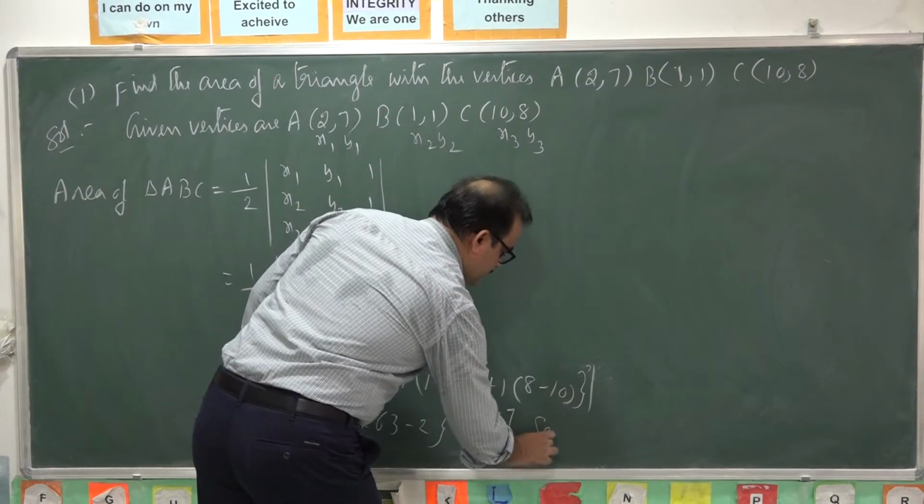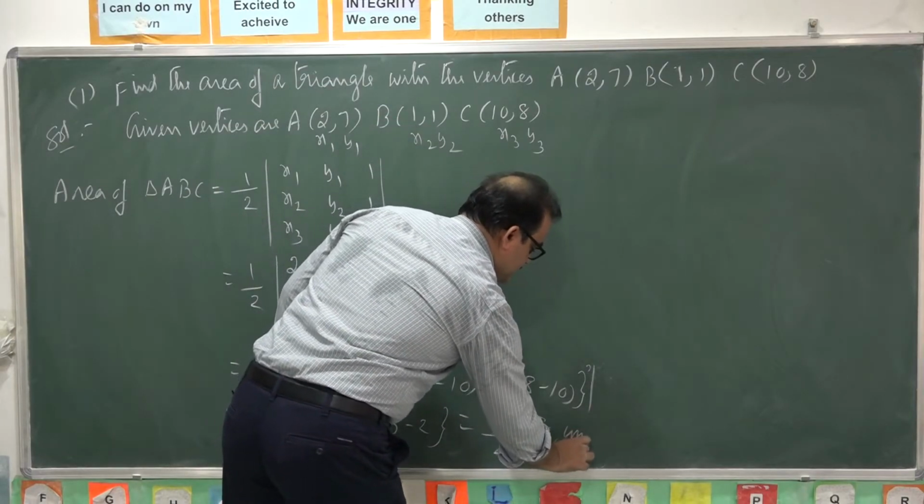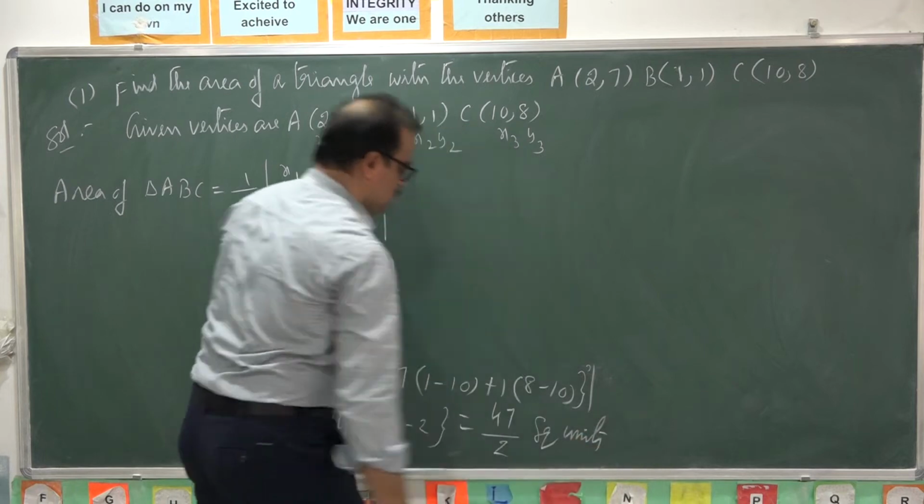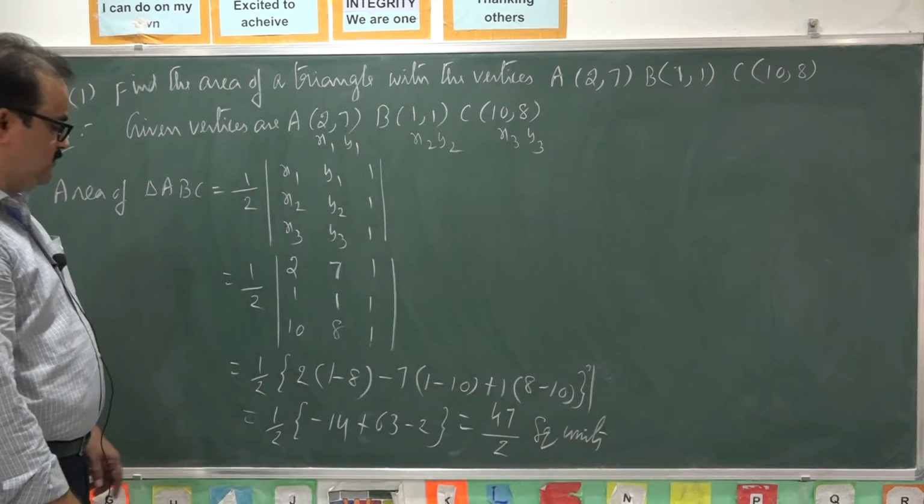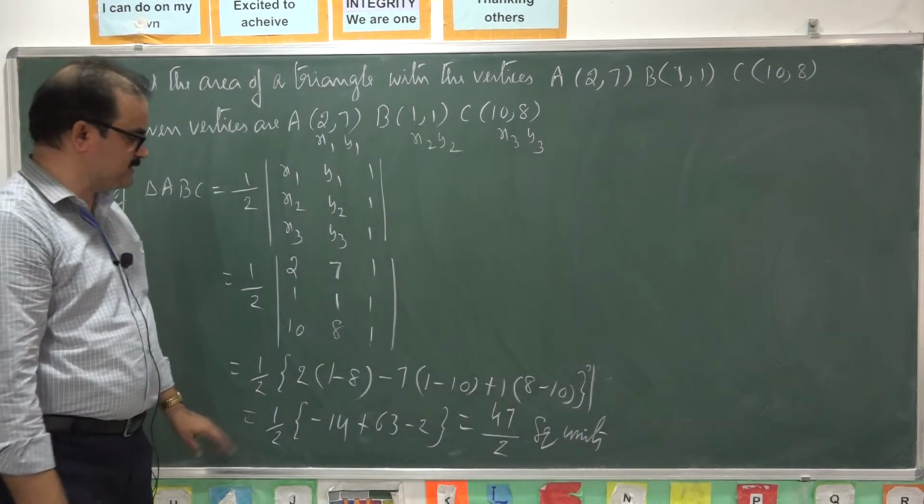Area is always represented in square units. So the area of the triangle is 47/2 square units.